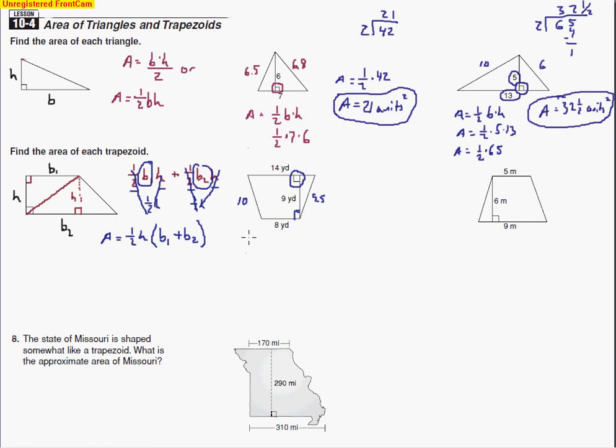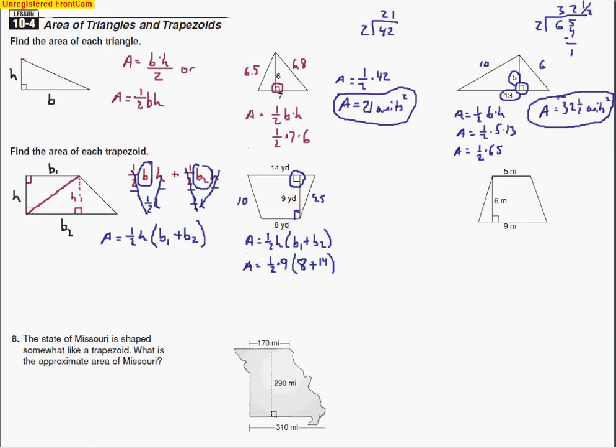So let's go ahead and rewrite our formula. It's 1/2 the height times base 1 plus base 2. And so I'll go ahead and substitute my numbers in there, 1/2 height. And so in place of the height, let's go ahead and write the number 9. And so we have 1/2 times 9, times the bases being added together, 8 plus 14.